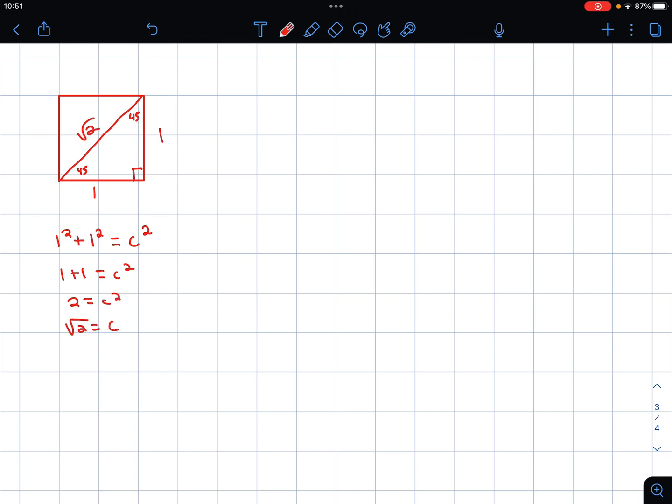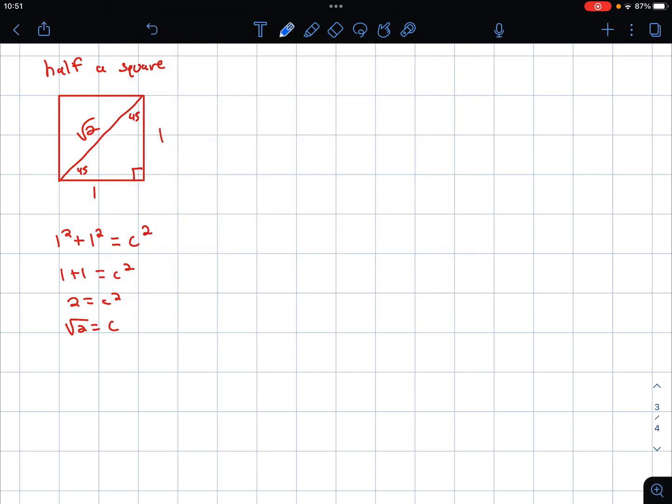So we have 1, 1, 1 square root 2, or x, x, x square root 2 gives us the ratio there. The important thing, the reason why we like this, is because it's half a square. Squares are a really common, important shape with really useful properties. So having the special right triangle that's half a square is useful.